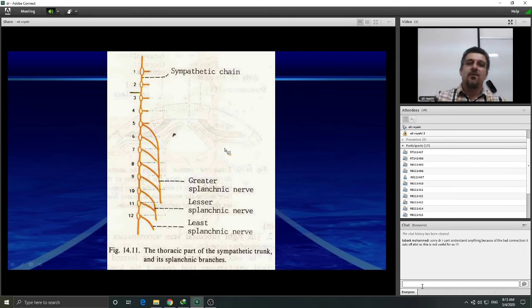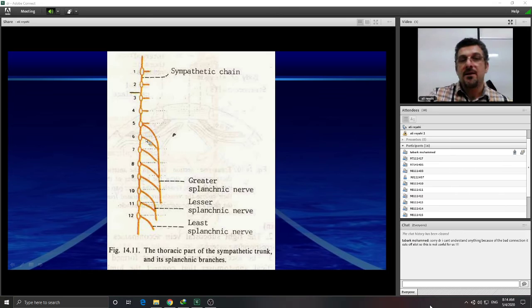Okay, and finally, we reach the autonomic, particularly the sympathetic system in the thorax. You can see this is the sympathetic chain or sympathetic trunk.